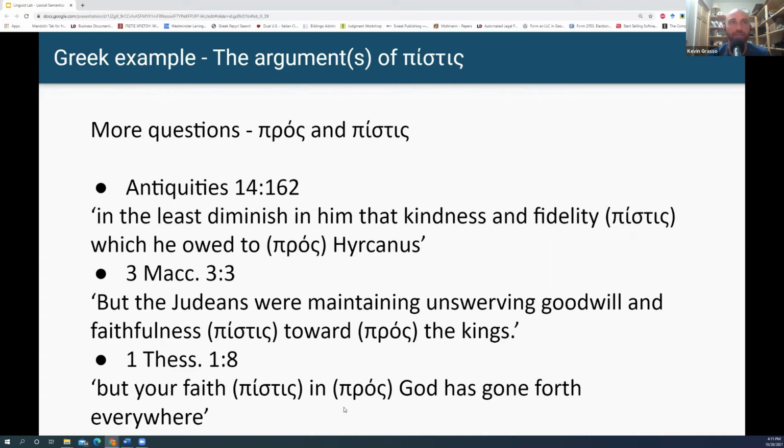If you take this example in Josephus or this example in Third Maccabees and compare it to examples in the New Testament where you have pisteuō or pistis eis or en, it is not necessarily the case that the same meaning you have in Josephus is going to carry over to the New Testament, because that meaning could be coming from the preposition pros, and you could get a different meaning with eis or en.